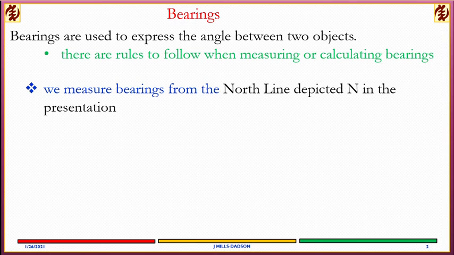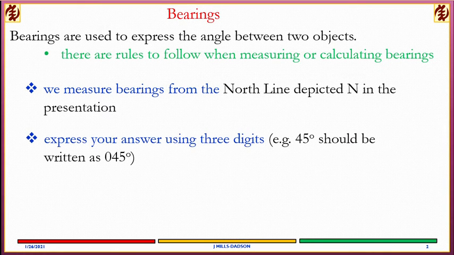First, we always measure bearings from the north line, which I will depict as N in my presentation. Some books will say North Pole, the north line. You must also express your answer using 3 digits. So an angle of 45 degrees should be written as 045 degrees.